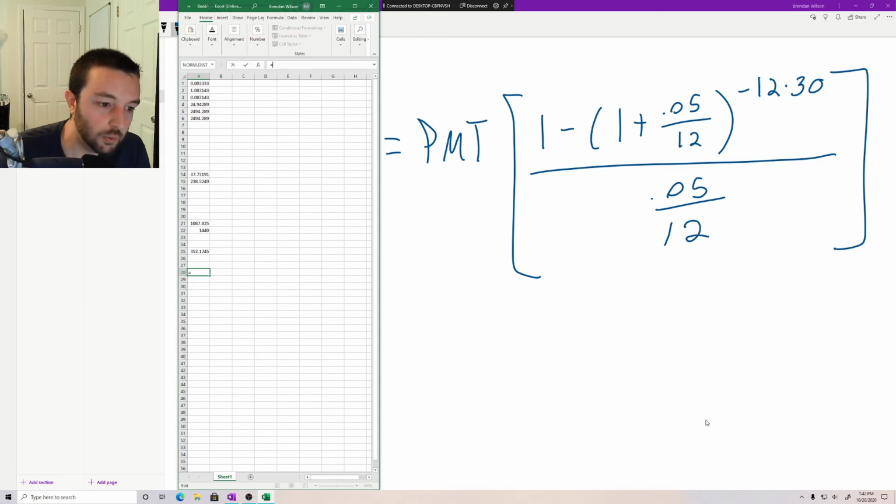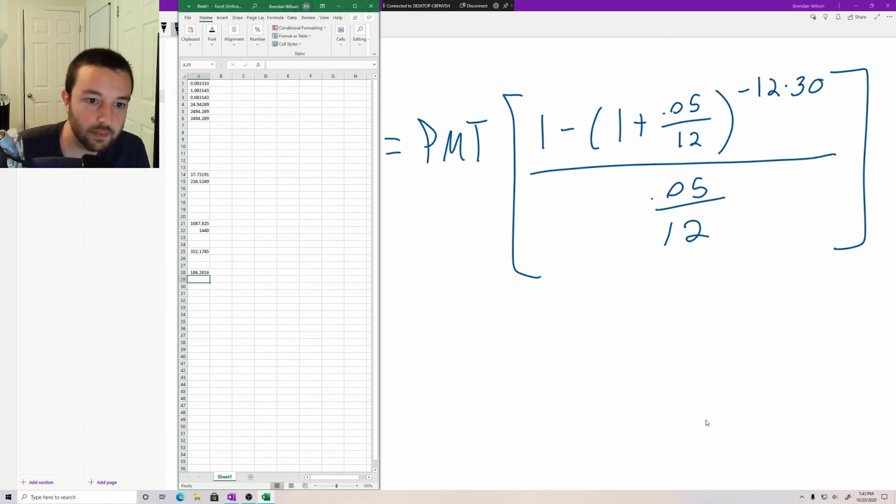We'll rope off the top with a parentheses, 1 minus, and then the next parentheses, 1 plus 0.05 divided by 12, raised to the, put the exponent in parentheses, negative 12 times 30. Then we're done with the top, so we close that parentheses, divided by 0.05 divided by 12.